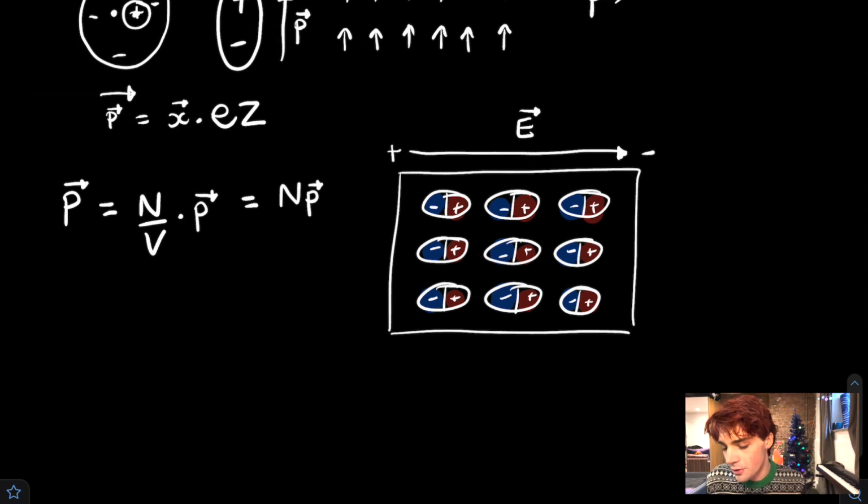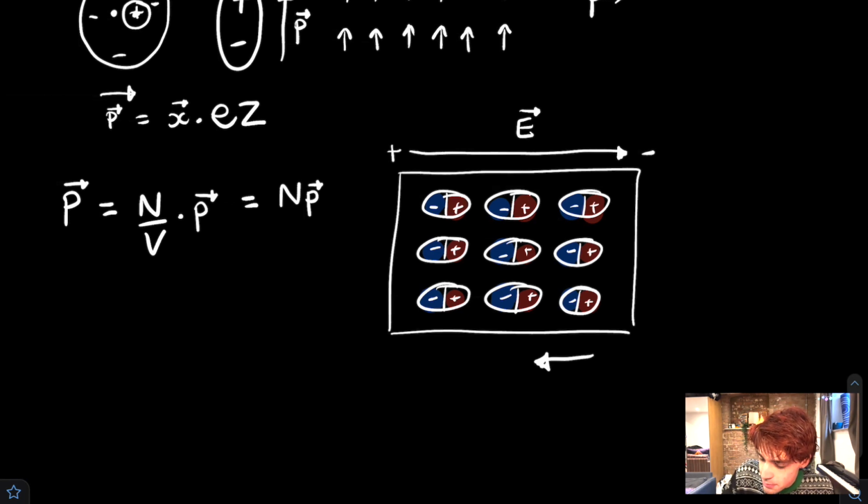So what we said before was we had this external field, but because we have a response from the material, we actually have local electric fields within the dielectric that combine to make this kind of net electric field, which is in the opposite direction of the electric field that we applied originally.